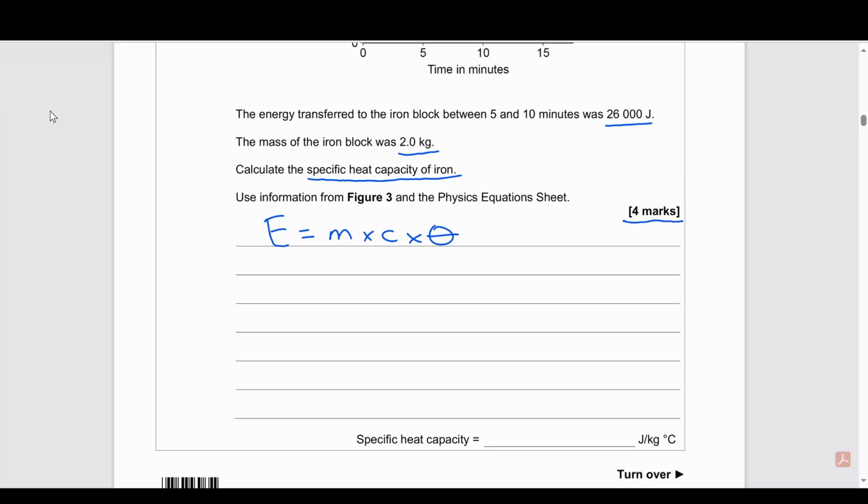Well, the energy transferred is given to us, so that's 26,000 joules. The mass of the iron block is given to us, so I know that's 2 kilograms. We need to calculate the specific heat capacity. So that means then that we are supposed to be given a temperature change somewhere. Now it's not written in this section here, so that means that we have to use the information from figure 3 as it tells us.